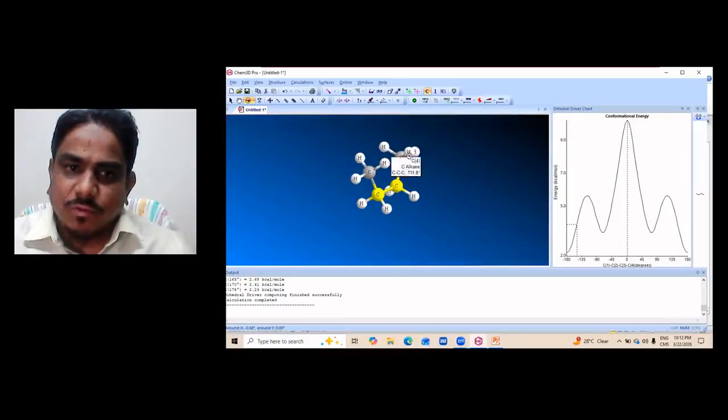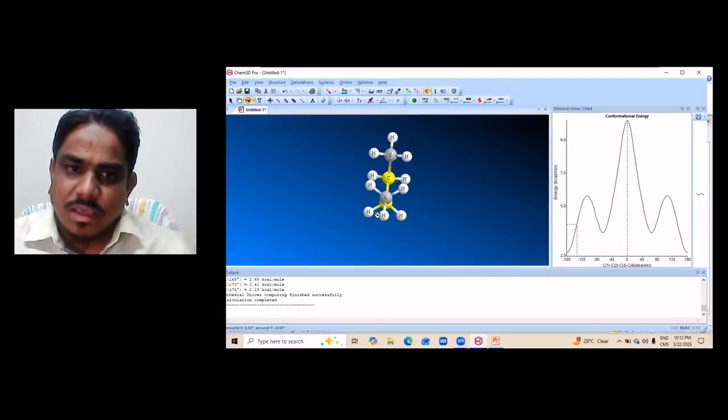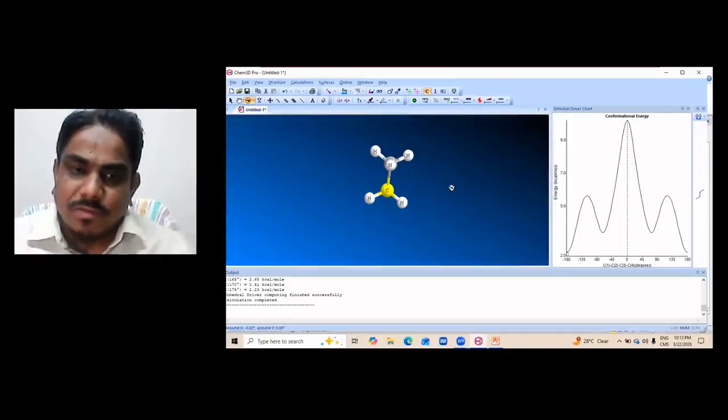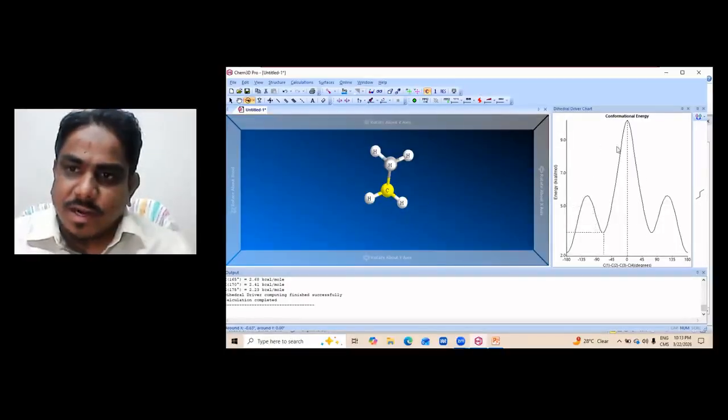These two methyl groups are eclipsing each other, and these two hydrogens are eclipsing each other. Here, the interaction between these two methyl groups is very clear. So we observe that the eclipsed conformation of n-butane is observed at 0° dihedral angle.